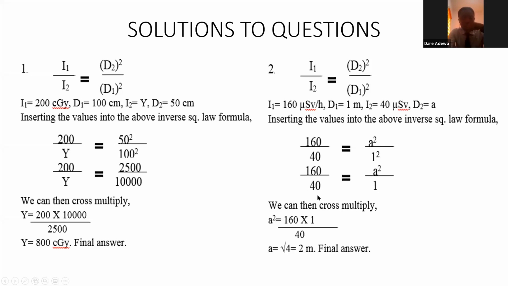So 160 over 40 equals a squared over 1 squared, which is 1 times 1, and that's 1, so we cross multiply, then a squared. Now 160 multiplied by 1 over 40 should be 4, so that's a squared. Now the square root of 4, so we have 2 meter. So if your final answer is 2 meter, then you should mark yourself right, and if otherwise, please take down the correction in case of next time.